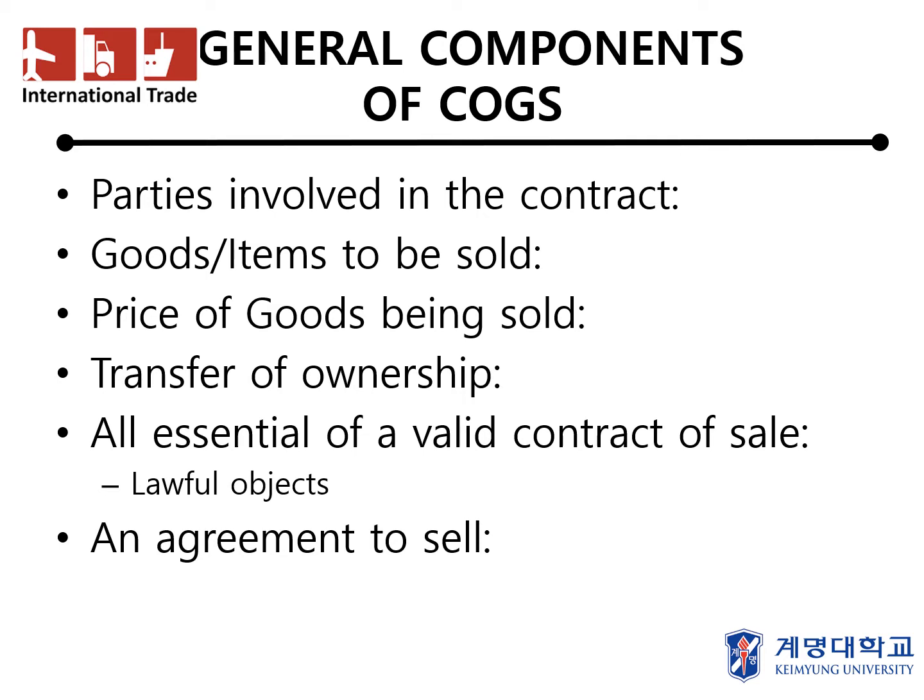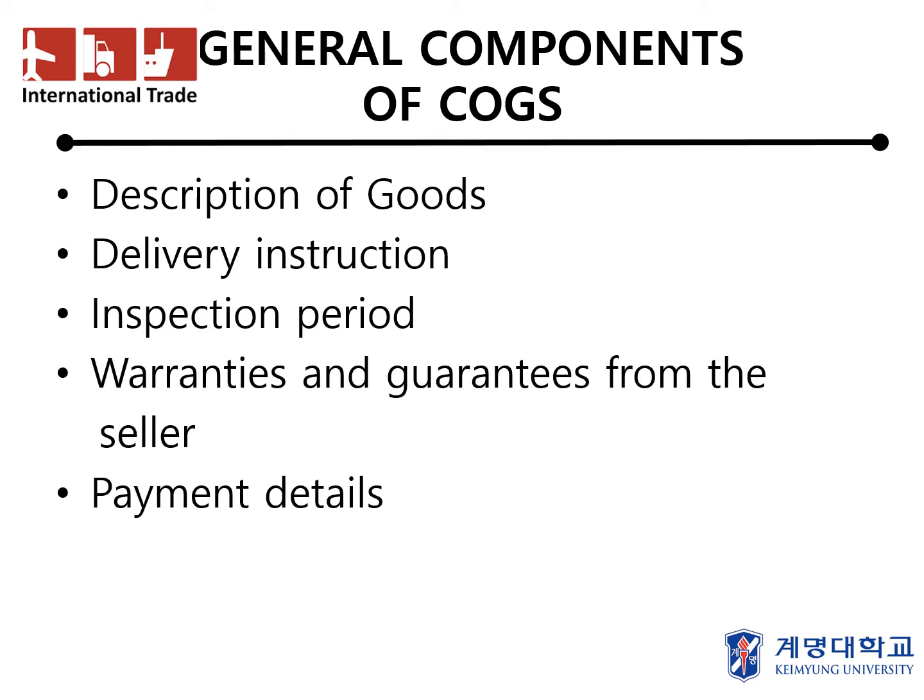And of course, the general description: you are doing a contract for what? You agreed to sell and to buy a particular product. I already mentioned the description of goods, and also the delivery instruction, how the product will be delivered to the buyer.